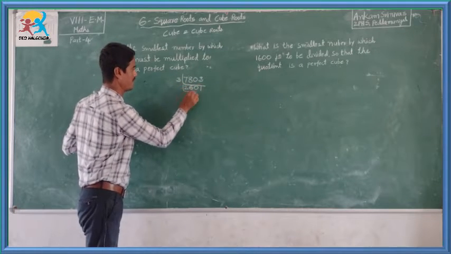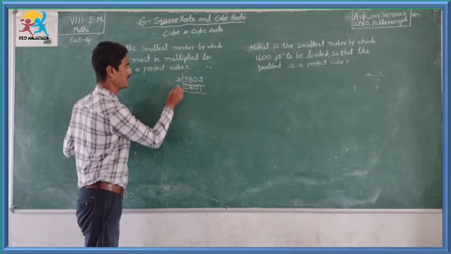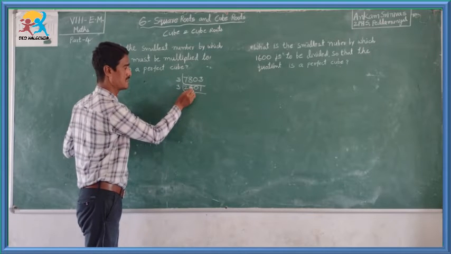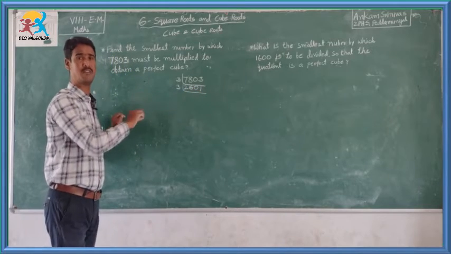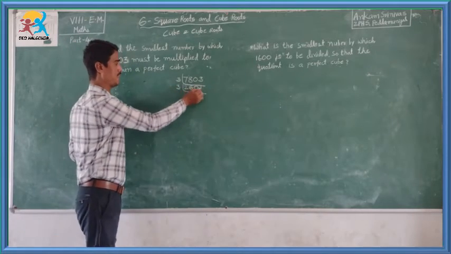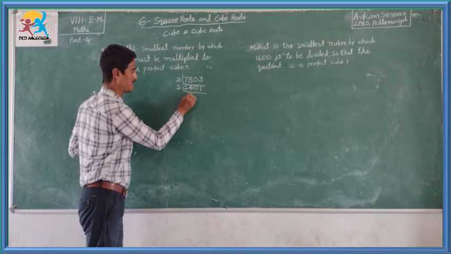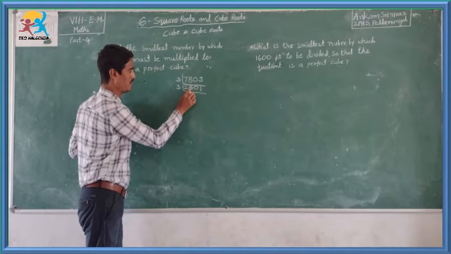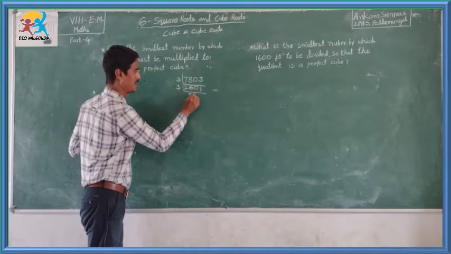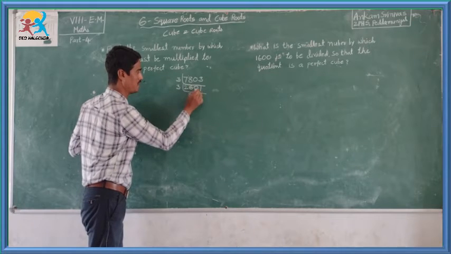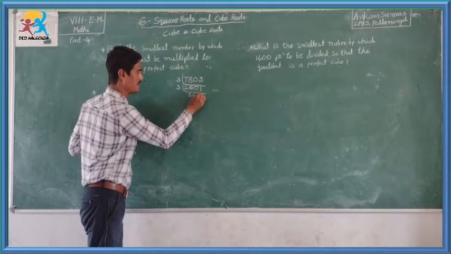Again 3 table, because 2 plus 6, 8 plus 1, 9, the sum of digits is divisible by 3, then the given number is divisible by 3. 3 8s are 24, 2 will be left, 2 after 0 means 3 6s are 18, 20 minus 18 is 2, 2 after 1 means 21, 3 7s are 21.